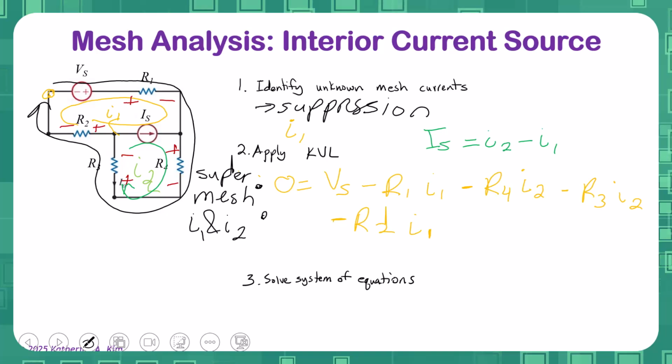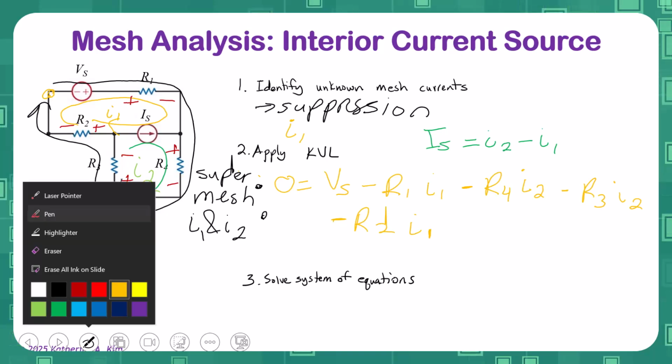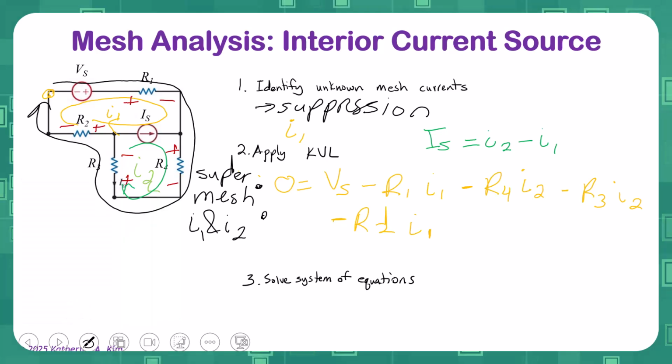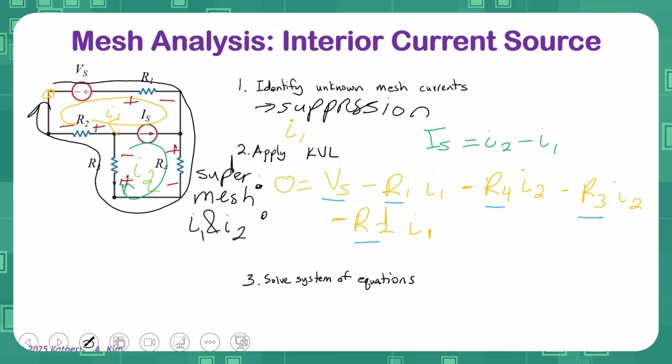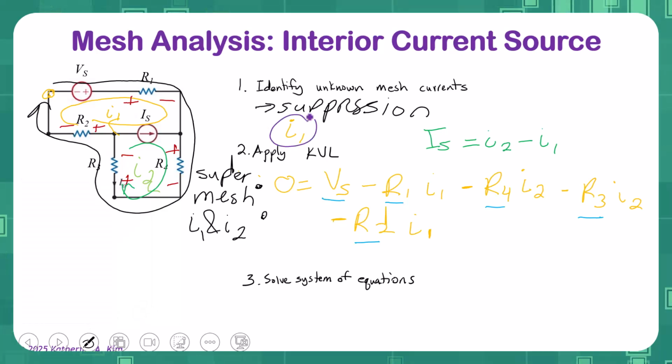Let's double check that we have everything in terms of independent and dependent currents. I'm going to use a different color this time. We're going to do light blue for the known. So we know R1, we know R4, we know R3, we know R2, we know VS. Those are all given. And on the right, our unknown is I1.